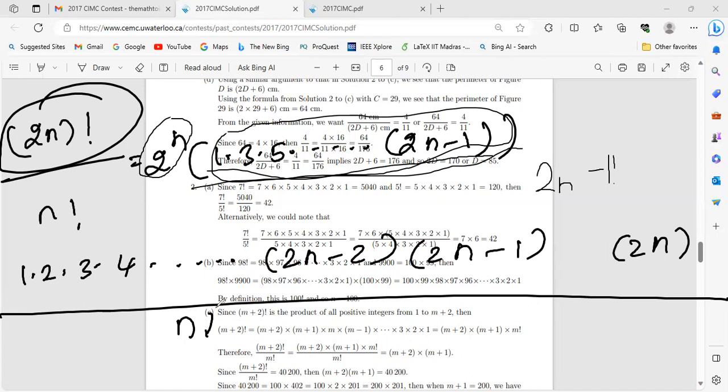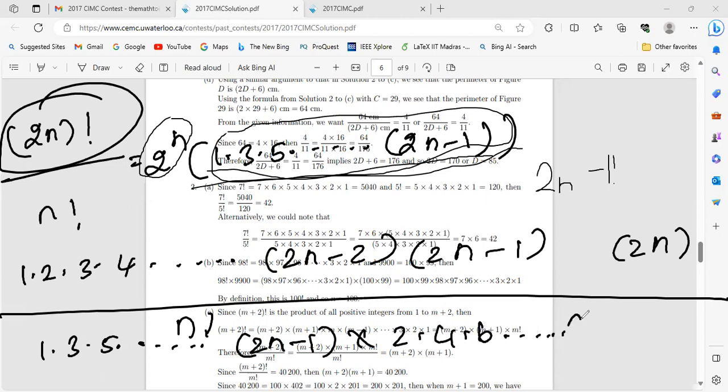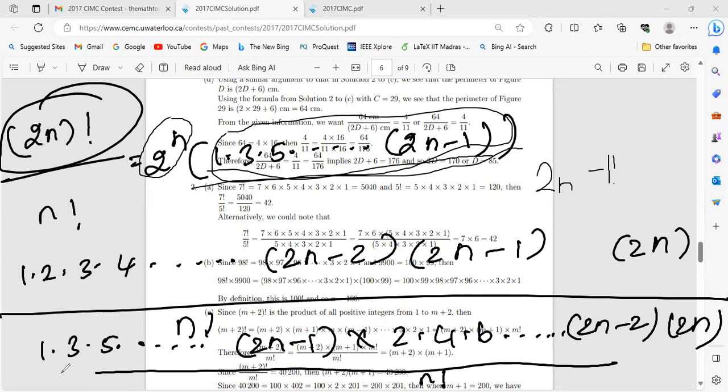I gave you a clue that you have to group the odd values and even values separately. So you can do 1 times 3 times 5 and so on, up to 2n minus 1, and the even numbers can be written as 2 times 4 times 6, up to 2n minus 2 times 2n, over n factorial.